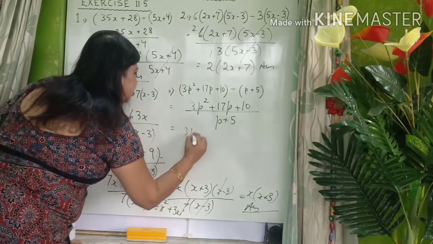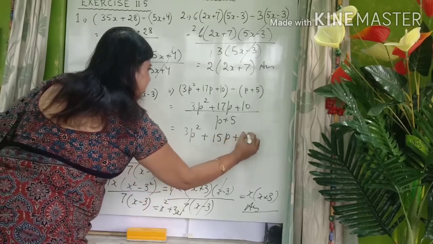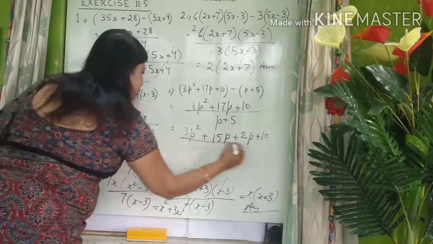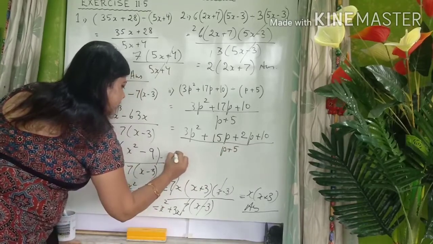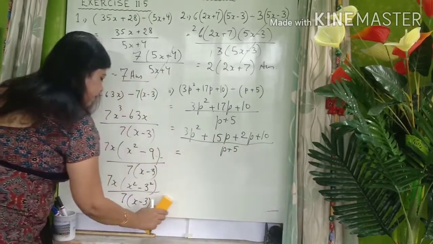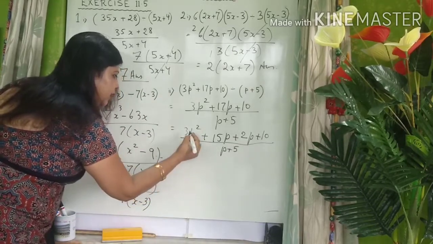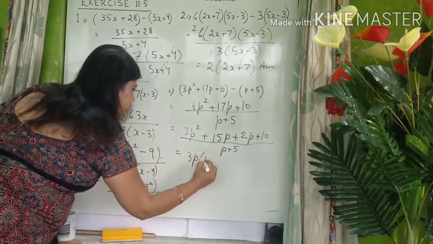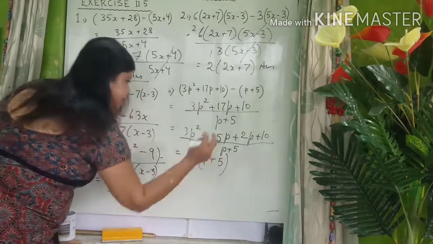So 3p square plus 15p plus 2p plus 10. Pay attention here. Divide by p plus 5. That is equal to... Now I am cleaning off this part. Okay. That is equal to... What is common over here? 3p. What remains? P plus 3 5s are 15, so 5.